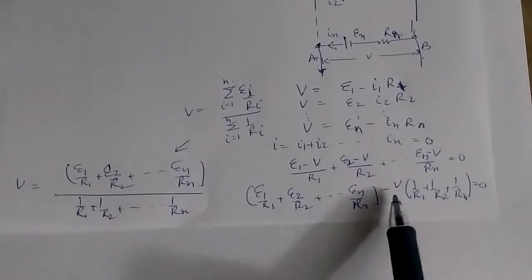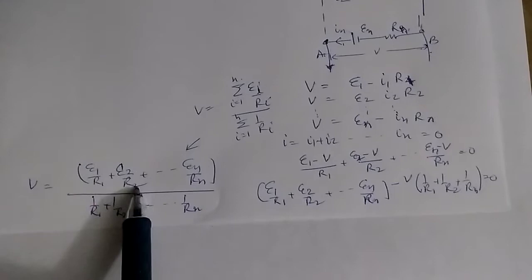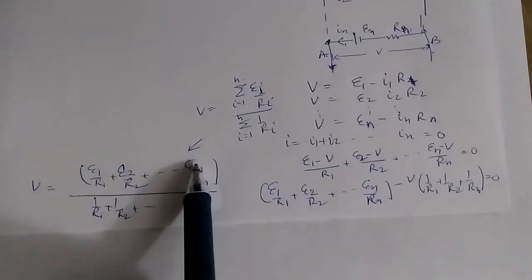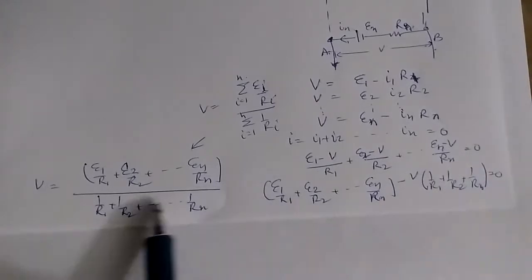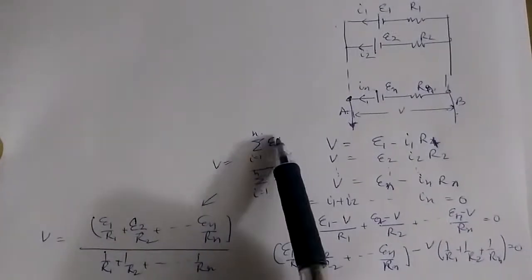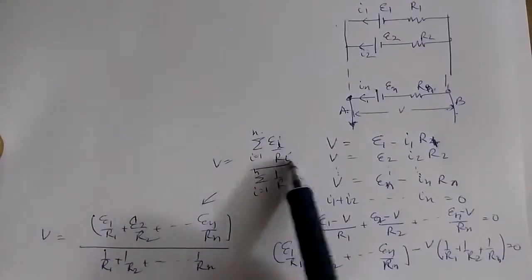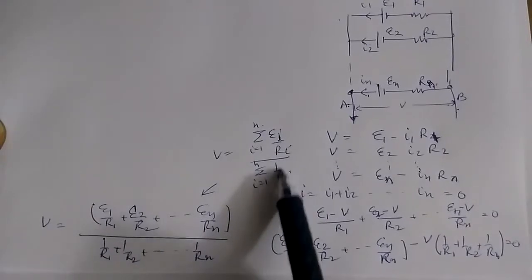From here, we can get the voltage V as epsilon 1 upon R1 plus epsilon 2 upon R2, all the way up to epsilon n upon Rn, divided by 1 upon R1 plus 1 upon R2, and so on, up to 1 upon Rn. We can write this as sigma Ei divided by Ri, where i varies from 1 to n, divided by sigma 1 upon Ri.